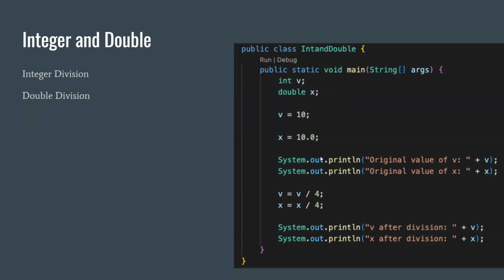If we divide the integer by 4 and this double by 4, we would get different values. For the double, you will get 2.5, and for the integer one, because integer division works differently, you will only get 2, which means the floating point part will get truncated.